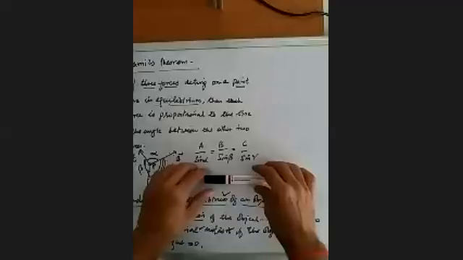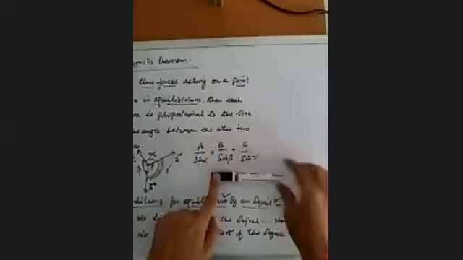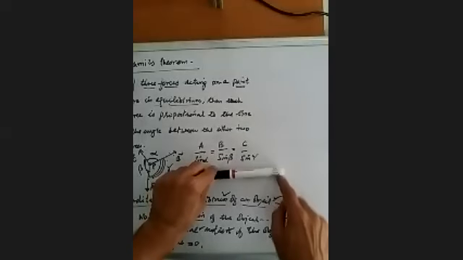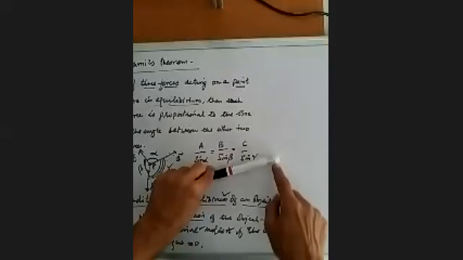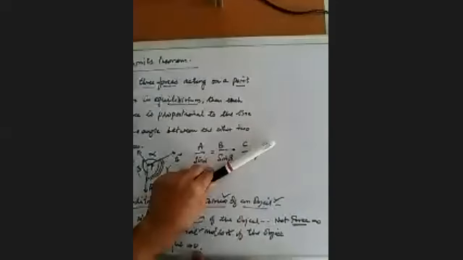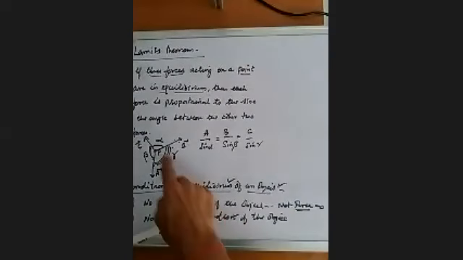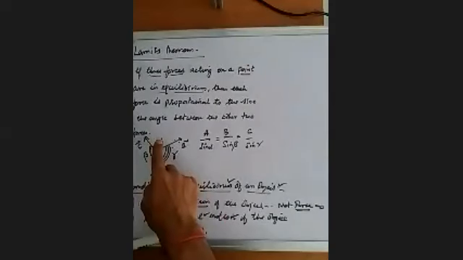For example, if this point is fixed and the force is acting here, it is producing a rotational effect. So this quantity is called torque. That means the torque which produces rotational effect on the object is 0. So this is the second condition. Neither does the object linearly move from its position nor does it rotate at the same position. Then we say that the object is in equilibrium.